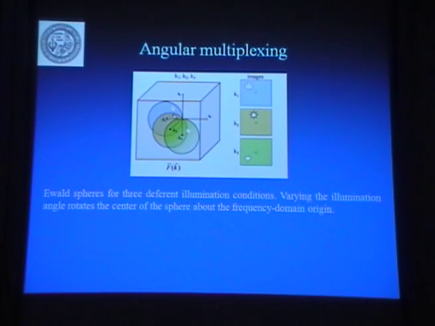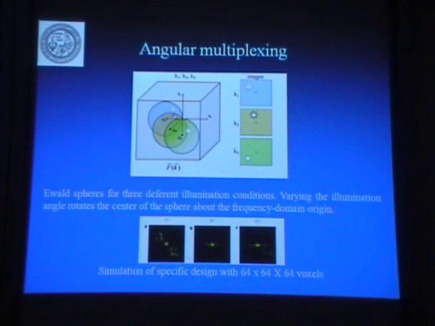So when you illuminate that volume along the z direction, you get this in the far field. When you illuminate in this direction, you get this. When you illuminate in this direction, you get that. This is called angular multiplexing, and it can be done using this volume optics. Here is a simulation of a specific design that does exactly that.